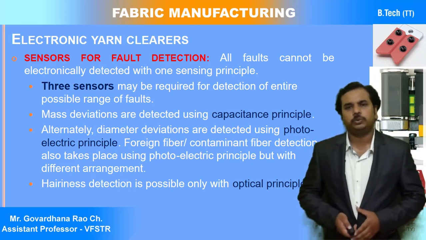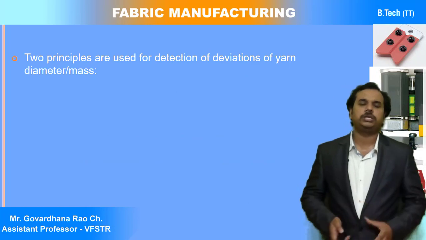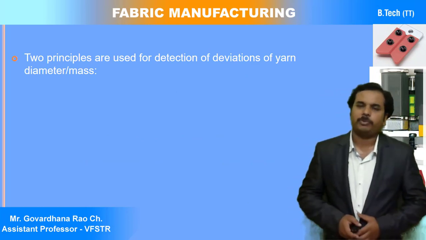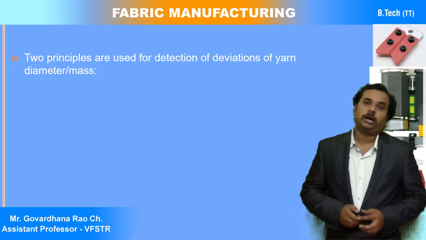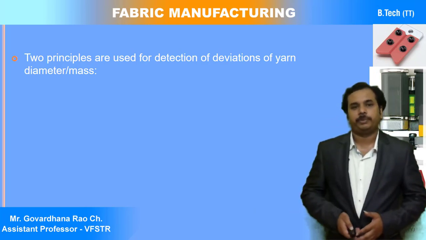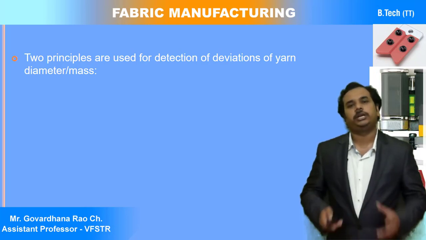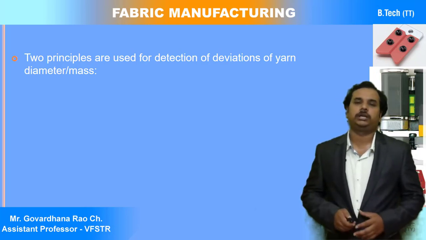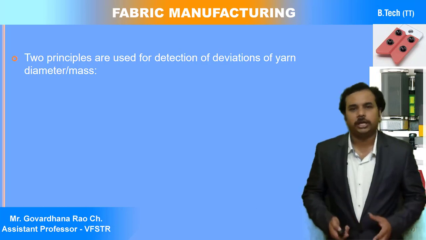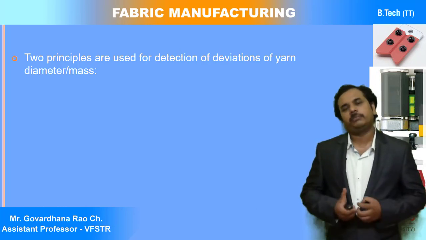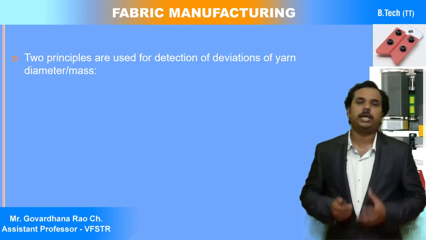Out of these three, we are going to see what exactly the capacitance type of principle and the photoelectric type of principle are. These two principles are used for the detection of deviation of yarn diameter, and the third category, the optical type of principle, is preferably used to detect the yarn hairiness.